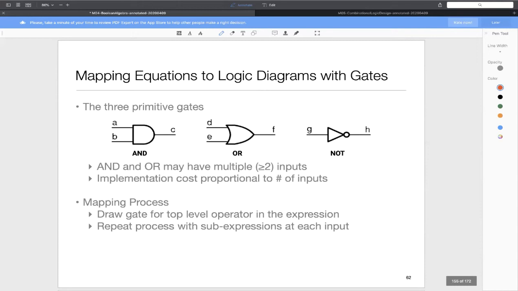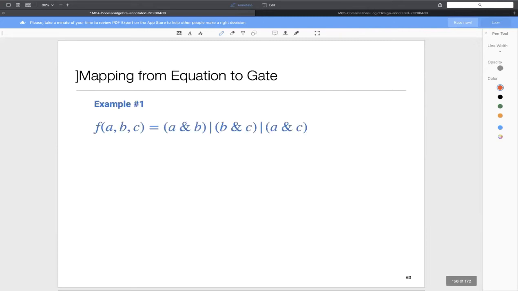So now, how do we take an arbitrary complicated Boolean expression and write it down into gates? The idea is that you start with the top-level operator and then recursively go into each sub-expression. Let me tell you what I mean by that. Let's say I give you this expression: f(a, b, c) is a and b, or b and c, or a and c.